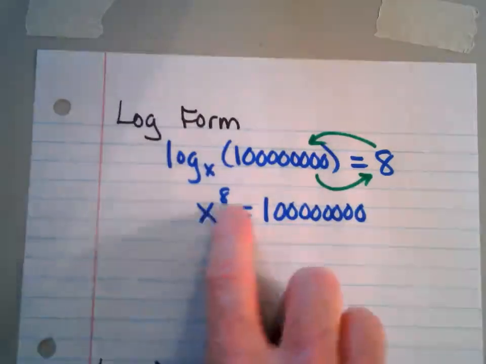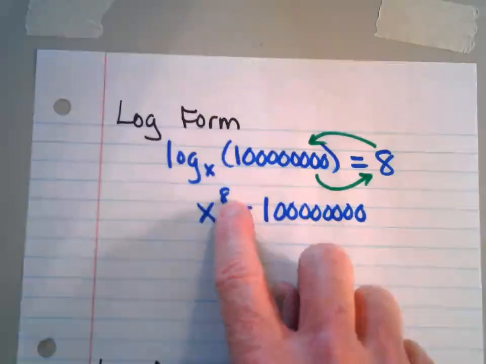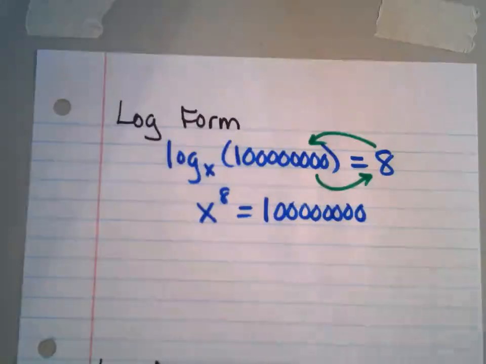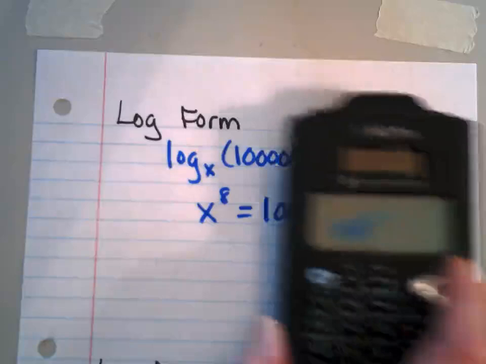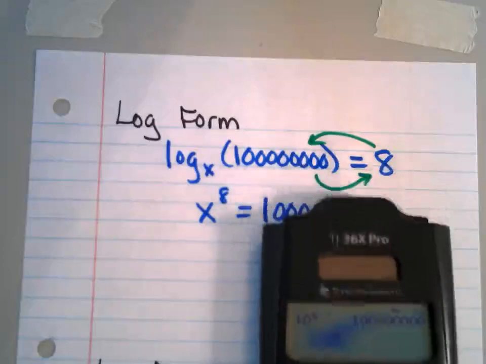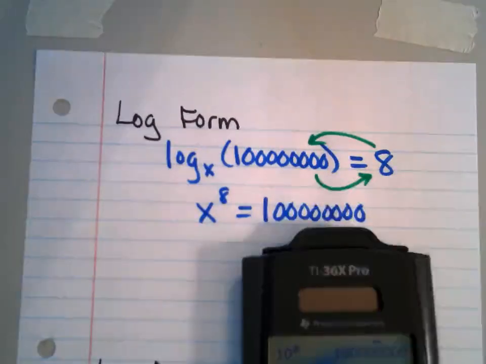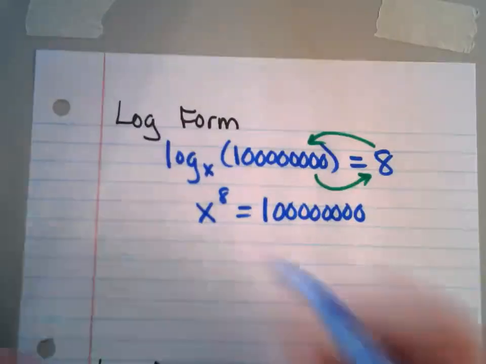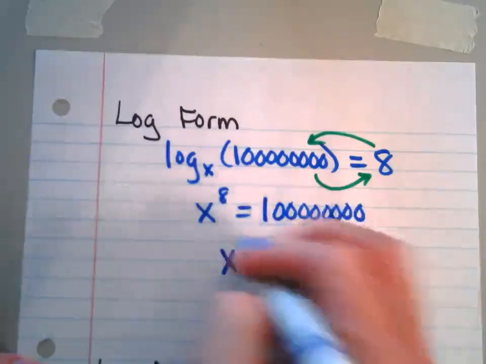And so since there are 8 zeros and the exponent is 8, you could just play with the calculator if you wanted to, but 10 raised to the 8th power is exactly that number right there. So our answer here is 10.